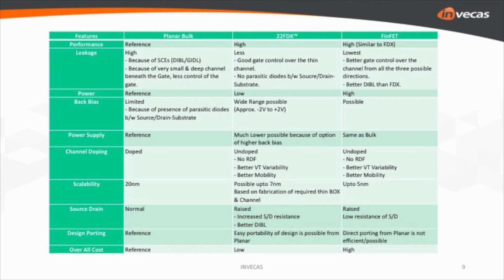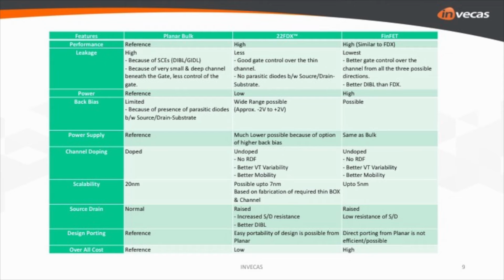When comparison is made between 22FDX and FinFET on leakage, obviously FinFET scores over 22FDX. That's mainly because the device itself is constructed in such a way that you get better gate control over the channel from all three sides, all three directions.